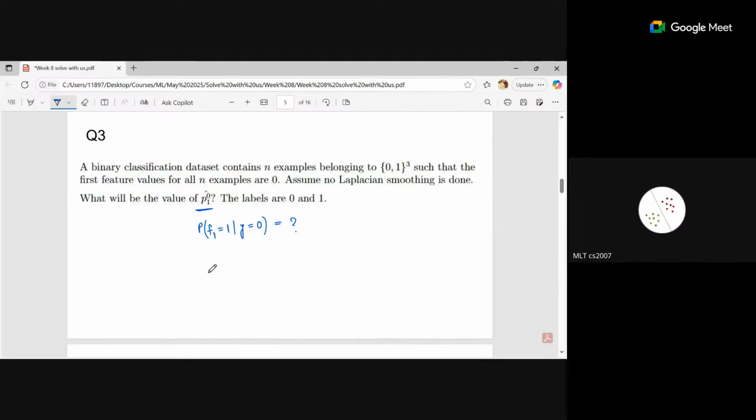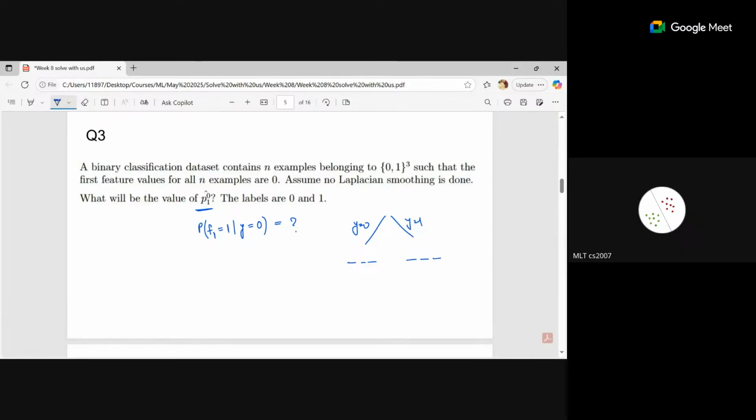Why is it 0? Because the question says that you have two labels here, y equal to 0 and y equal to 1. And you have three features, and each of them is binary.